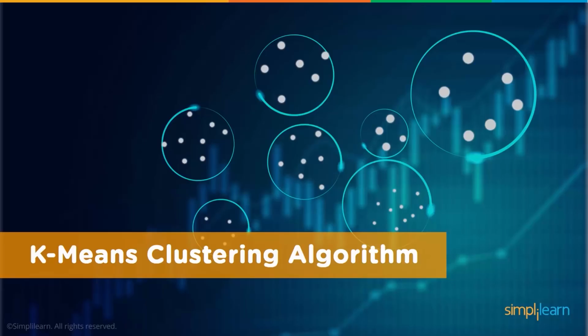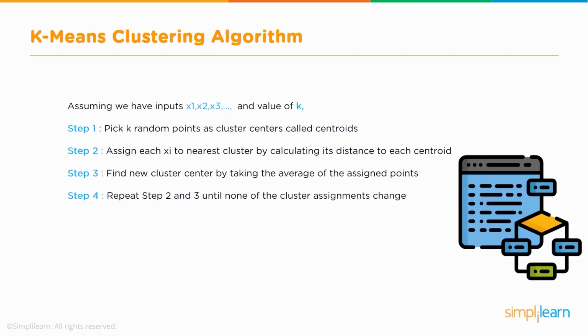So let's take a look at the k-means clustering algorithm. Let's say we have x1, x2, x3, n number of points as our inputs, and we want to split these into k clusters. The first step was to randomly pick k points and call them centroids. Now they're not real centroids, because the centroid is supposed to be the center point, but they are just called centroids.